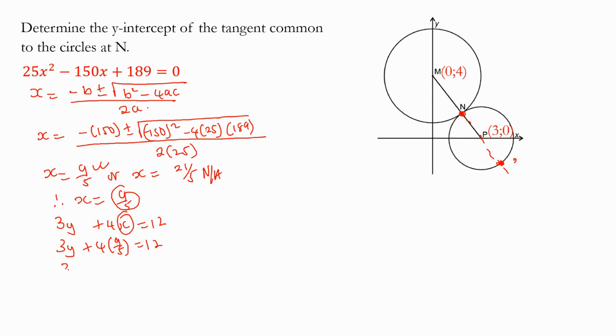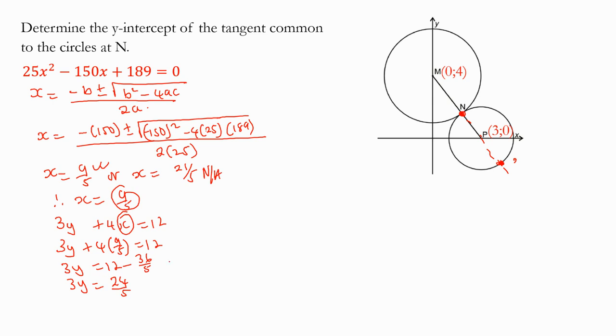Right, so it means 3y is equal to 12 minus 36 over 5. 4 times 9 there is 36 over 5. And then you can even use your calculator here. Okay, 3y is equal to 24 over 5. Use your calculator, you must get the same answer.